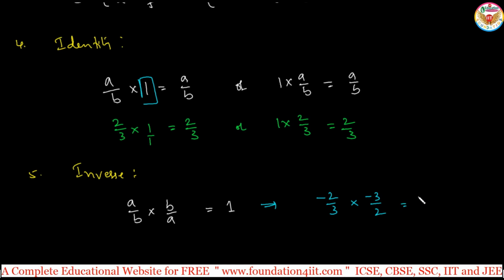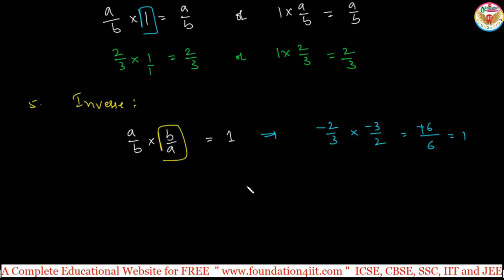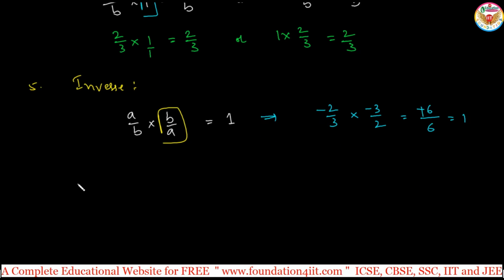So minus 2 into minus 3 is minus 6 by... minus into minus is plus, right? And 3 into 2 is 6. So 1 it is. So we can conclude that the reciprocal of a rational number is called its multiplicative inverse. A by b's reciprocal is b by a.